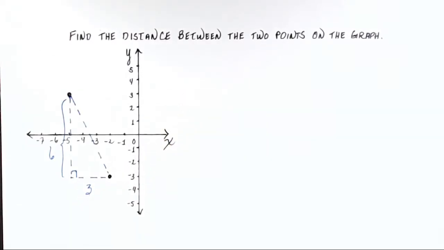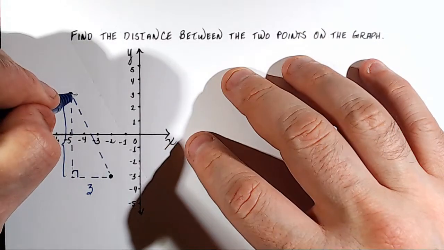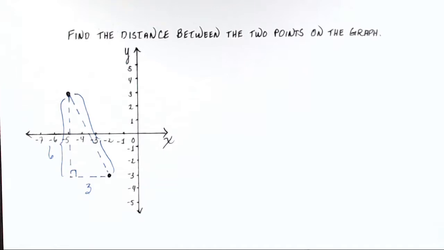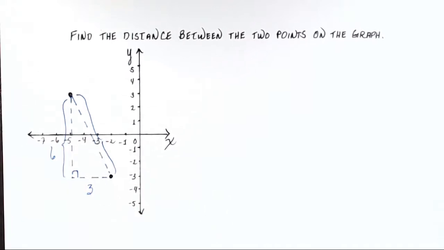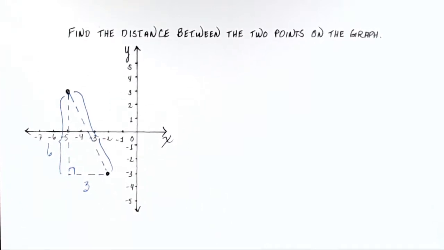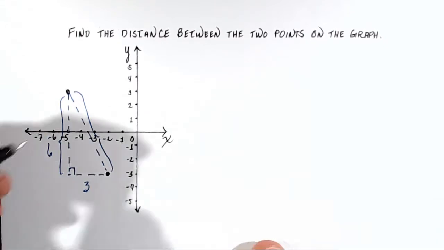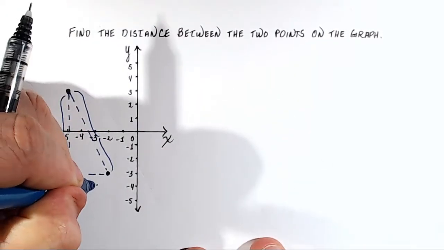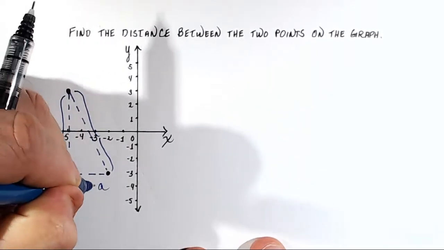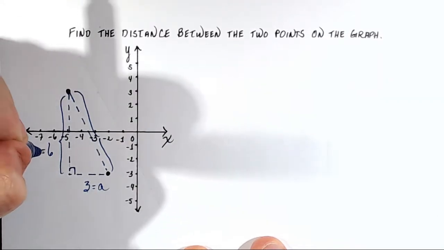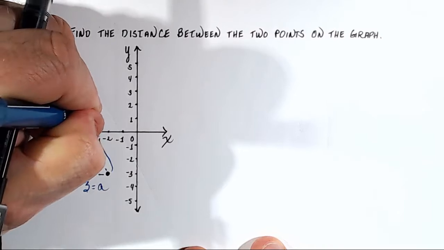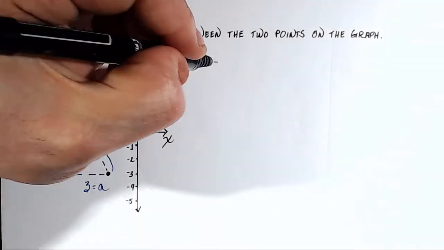Okay? So now what I'm going to ask you is, what is the hypotenuse of this triangle? Well, now you can use the Pythagorean theorem. A squared plus b squared equals c squared. Okay? So this, we'll call this A. We'll call this B. And we'll call this C. So what do we know?